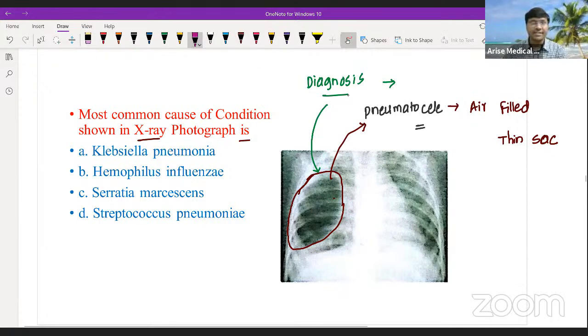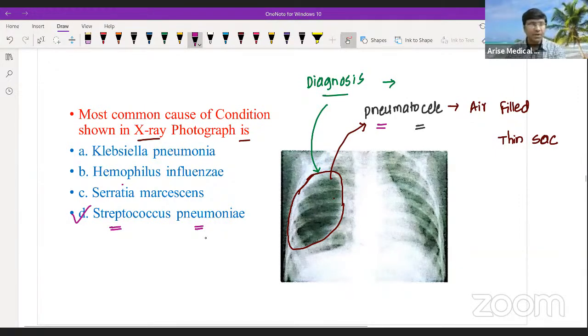Now, where do you observe these pneumatoceles? This pneumatocele is seen in patients with Streptococcus pneumonia.